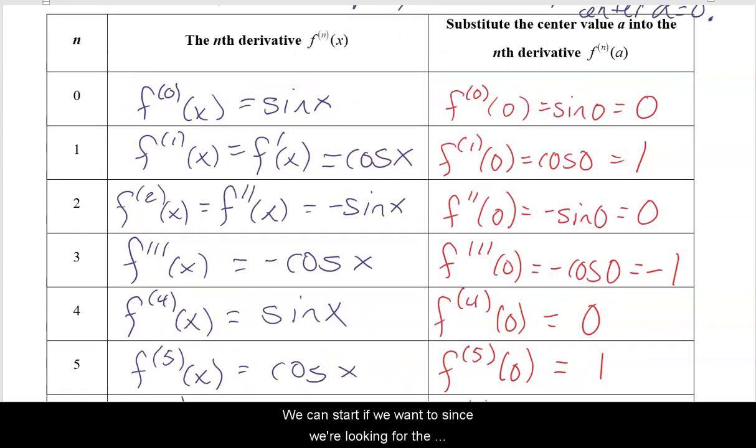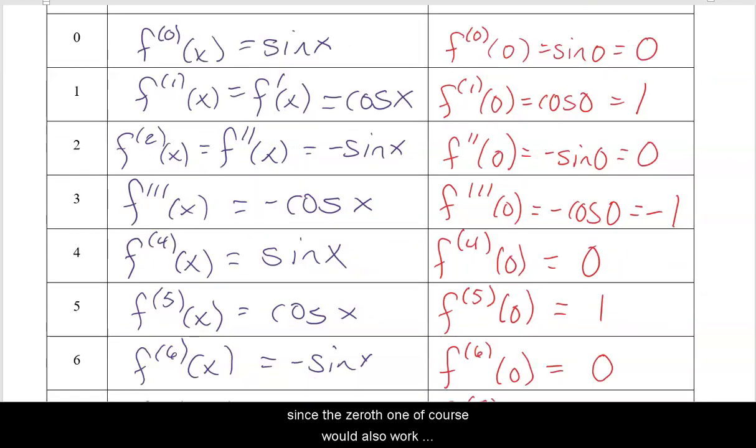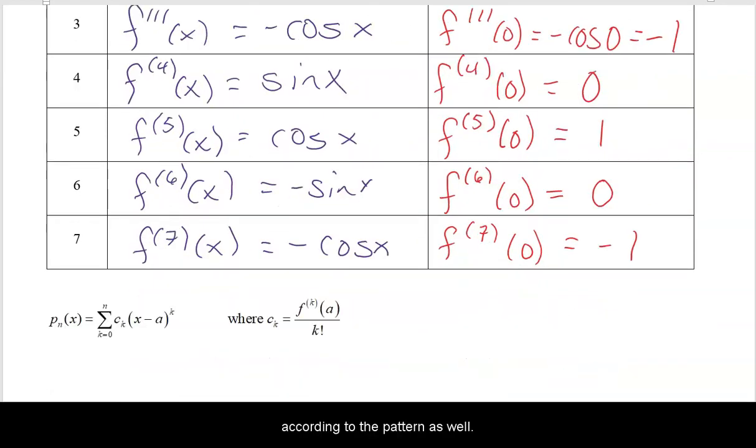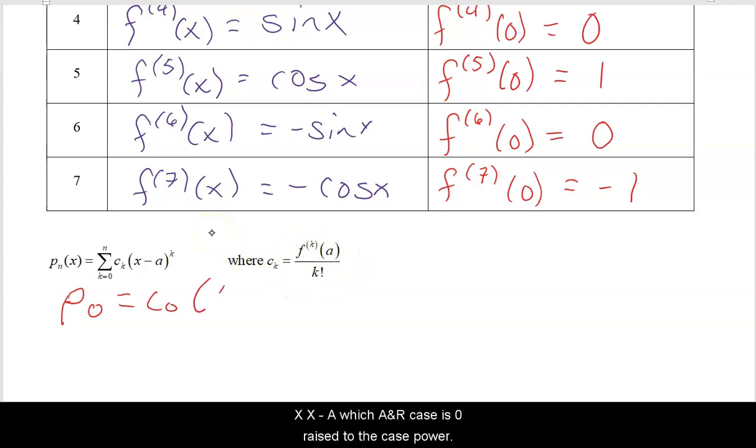We can start, since we're looking for the first 7, with the zeroth one, since the zeroth one, of course, would also work according to the pattern. So P sub 0 would have to be the product of C sub 0 times (x minus a), which a in our case is 0, raised to the kth power.